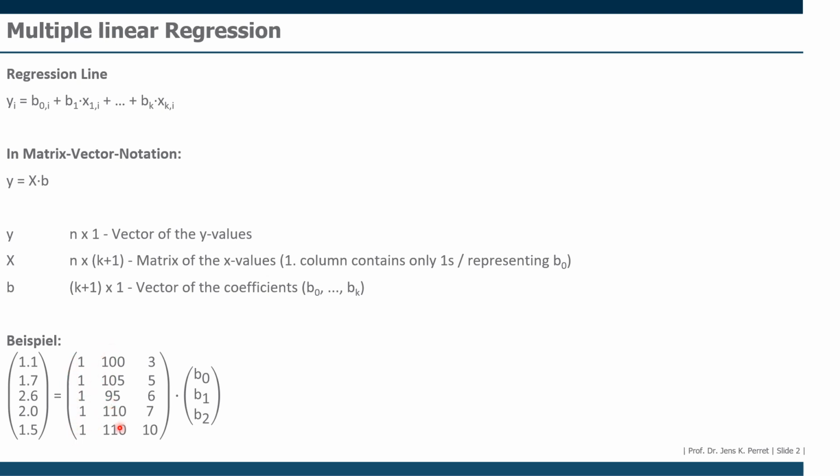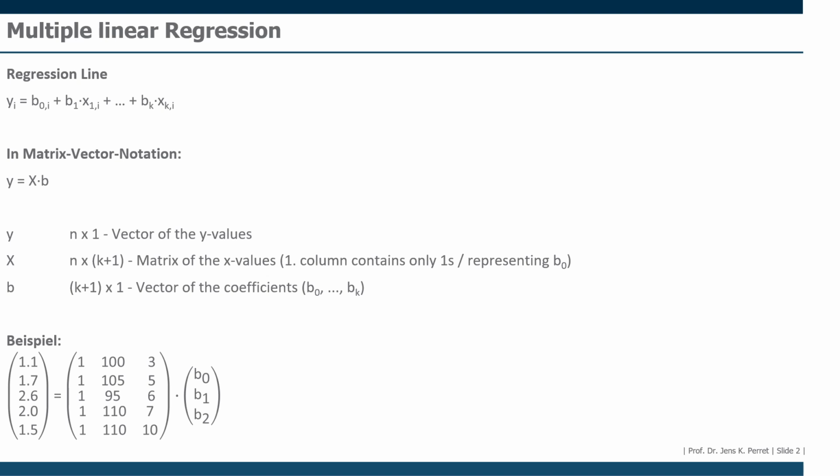This is the column representing the values for the first variable, so those are the x1 values. That's the column for the second independent variable, x2. Here we have 1, 2, 3 different parts in our regression line, so we have 3 parameters we want to calculate: b0 for the intercept, b1 for x1, b2 for x2.